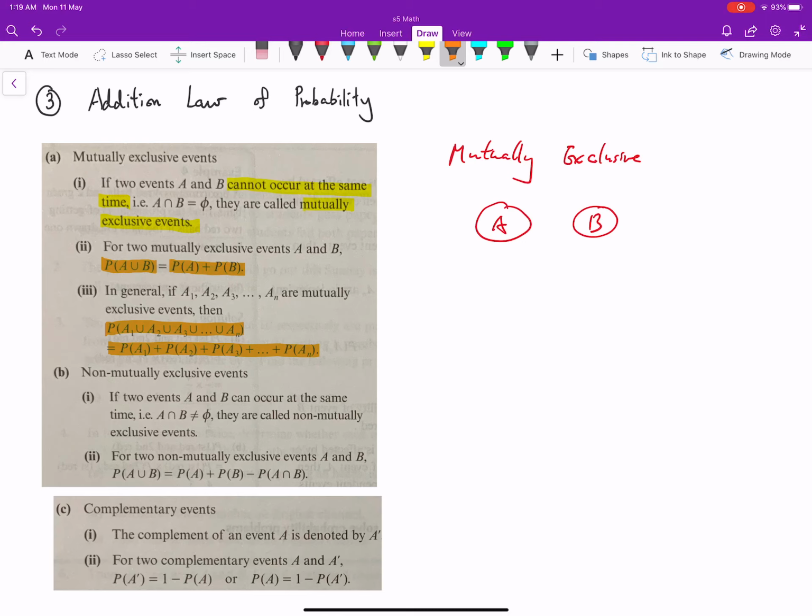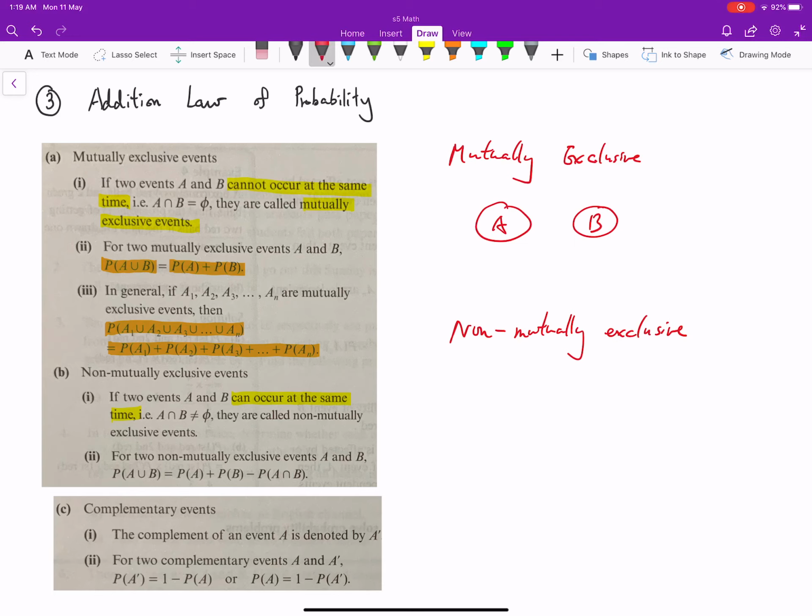The second case is about non-mutually exclusive events. That means they can occur at the same time.